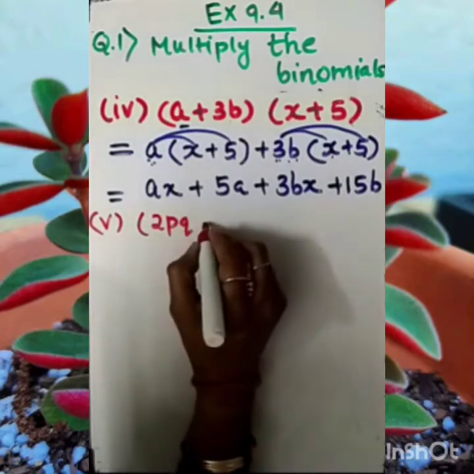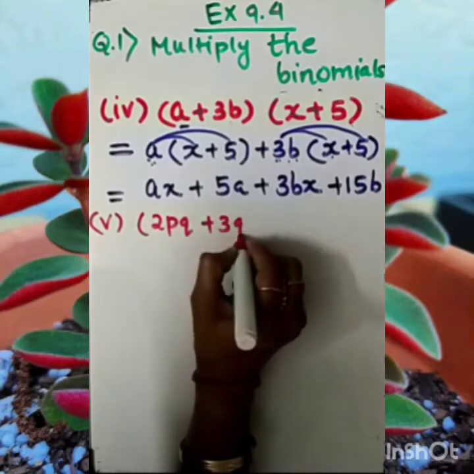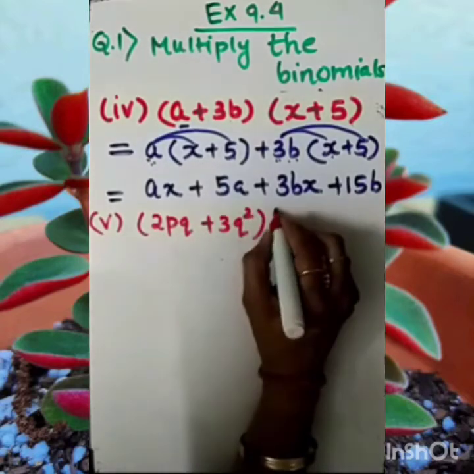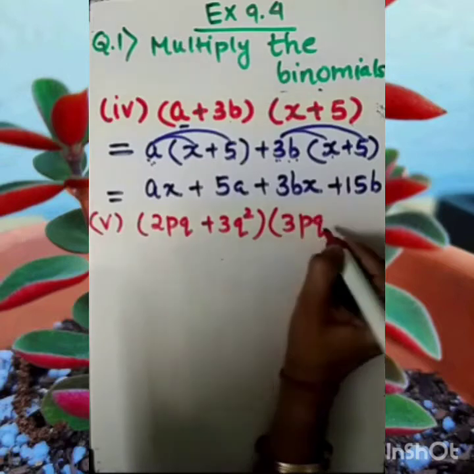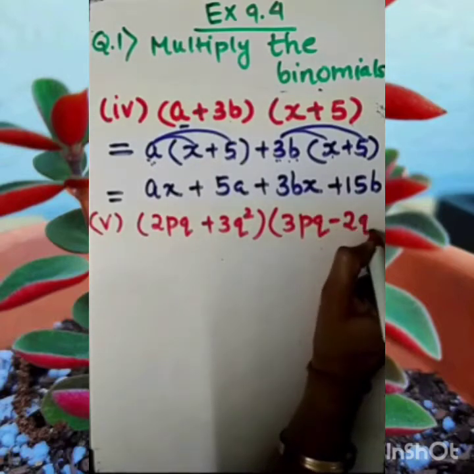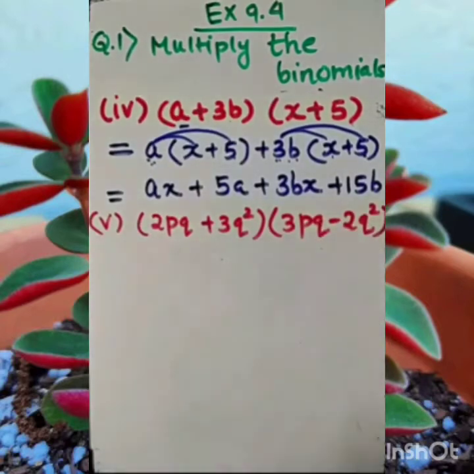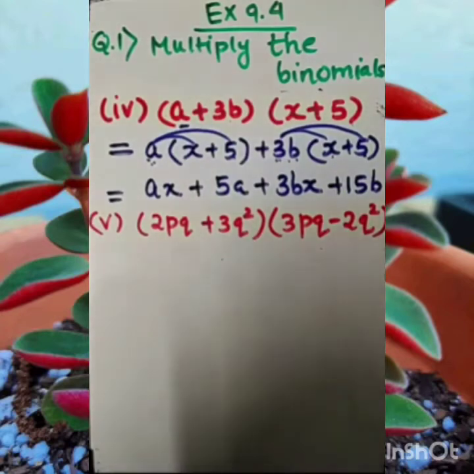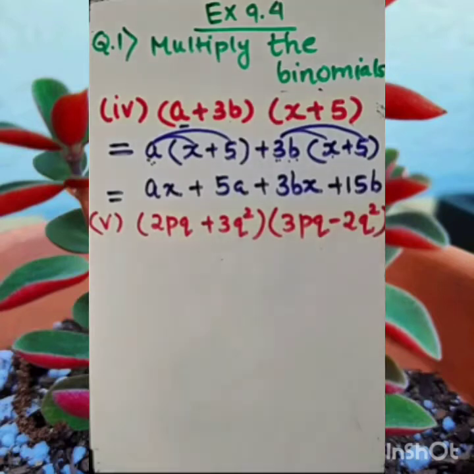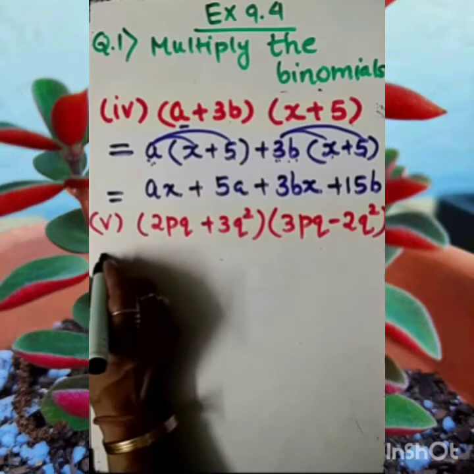(2pq plus 3q square), in another bracket (3pq minus 2q square). Okay, fine. This is the question. I'm reading the question: 2pq plus 3q square, 3pq minus 2q square. Okay. Same procedure as we are doing.